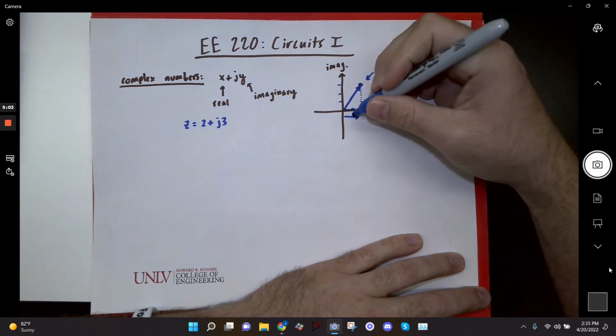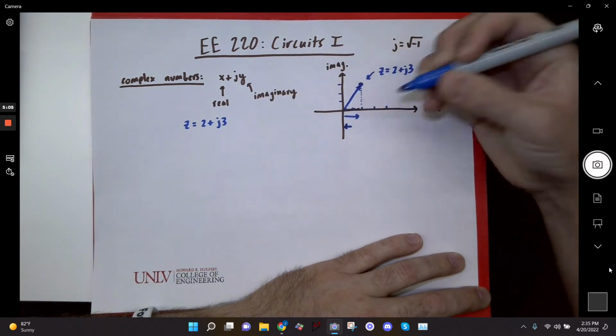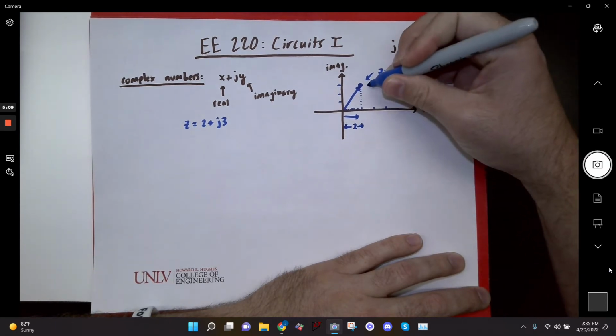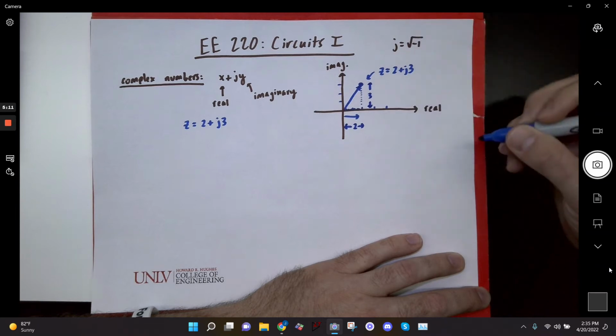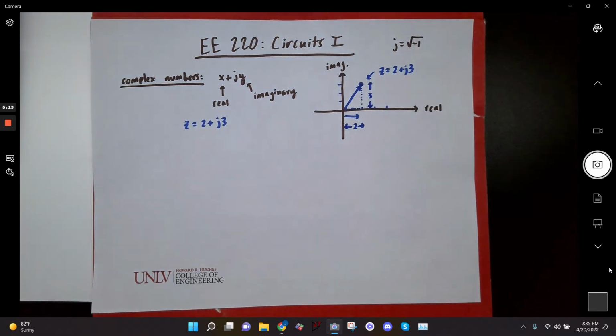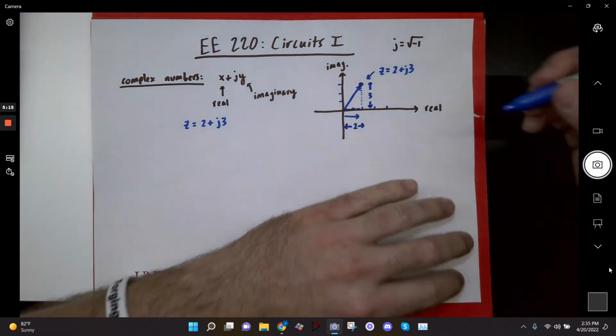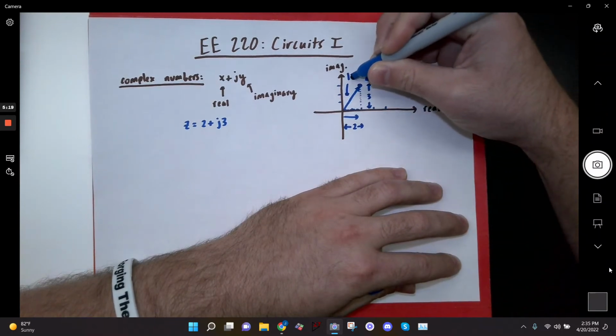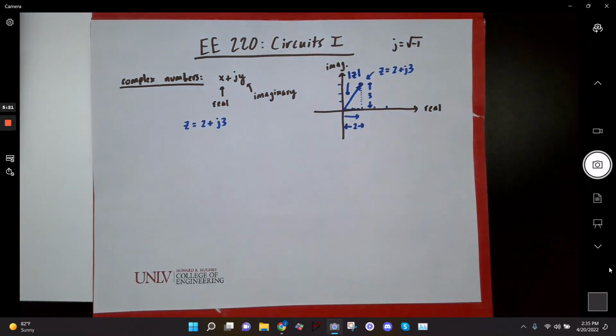Everyone would agree that this side of the triangle has a length of 2, and this side has a length of 3. We know that a squared plus b squared equals c squared. So what I'm trying to find is the magnitude of z. Those two vertical lines mean magnitude. You're going to get used to seeing that.